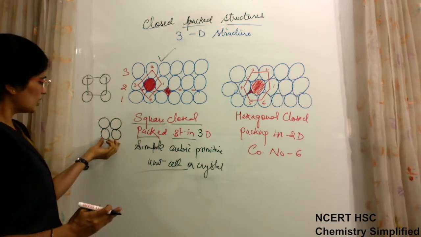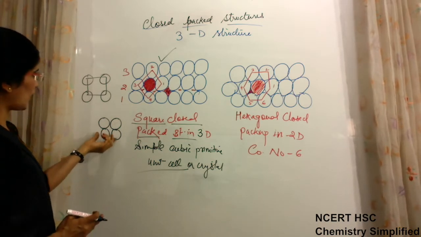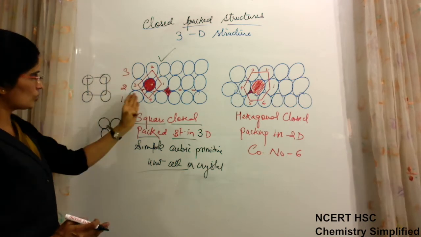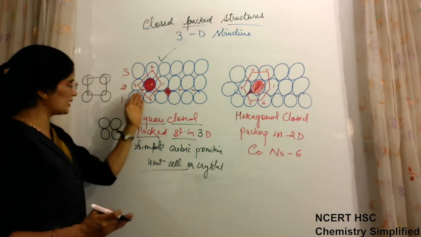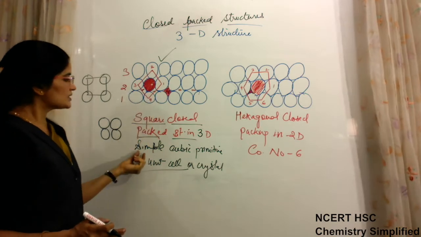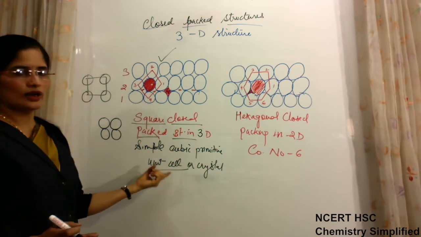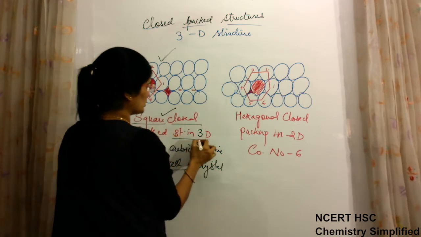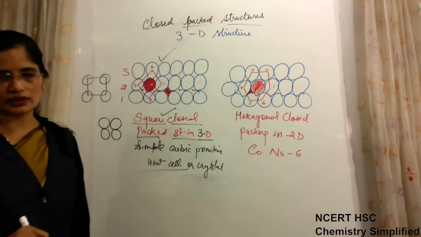So this is your simple primitive unit cell. How are the particles kept? Just like this, 1, 2, 3, 4. So just it is the comparison to this. So your simple cubic primitive unit cell or crystal is actually made by square close packed structure in 3 dimension. Okay.